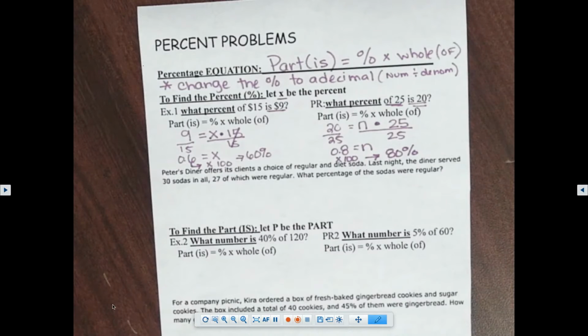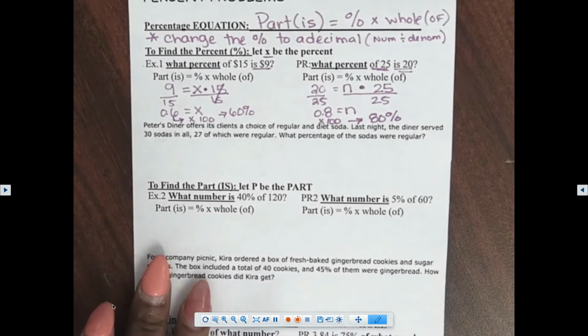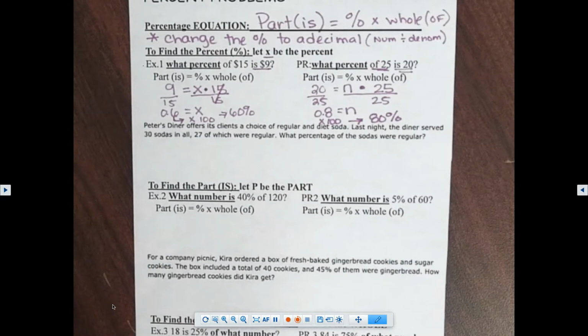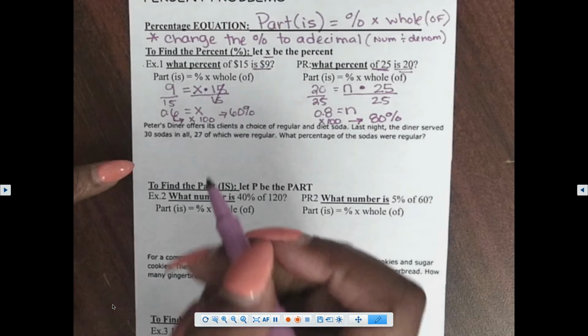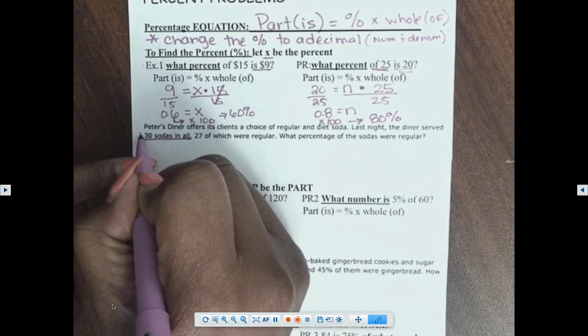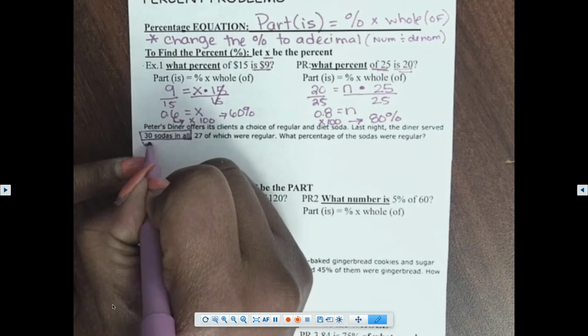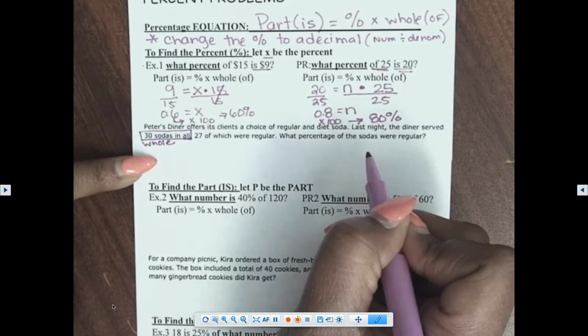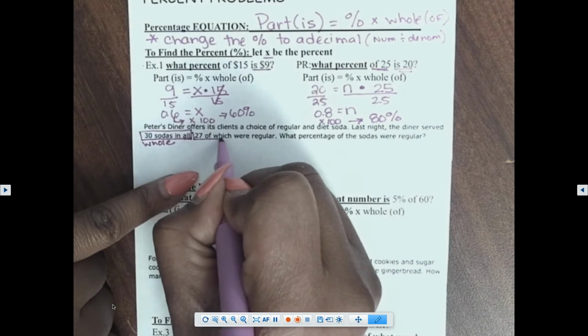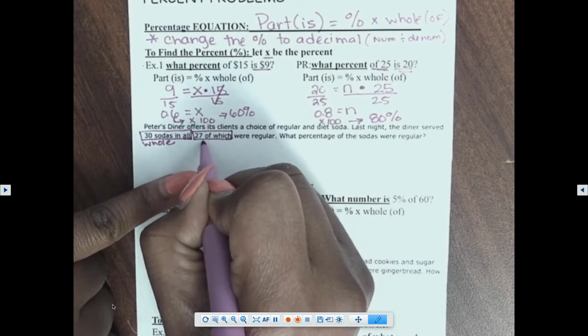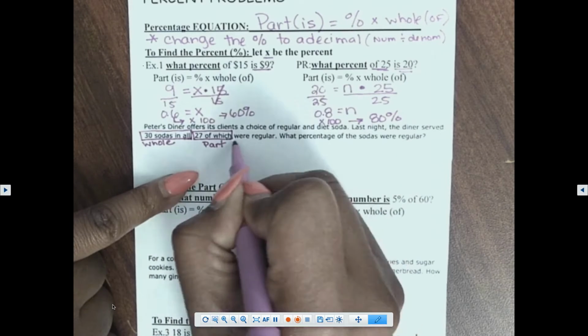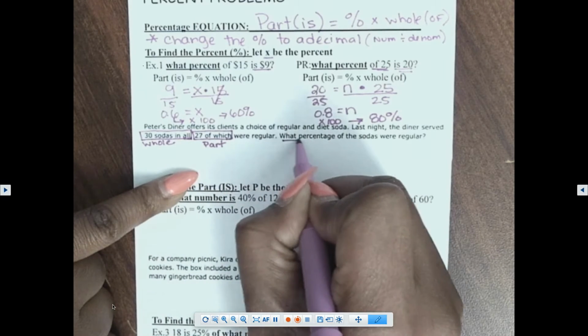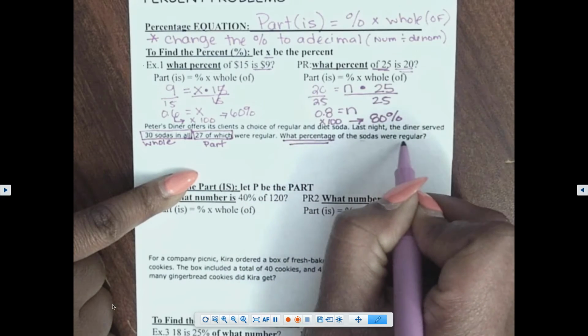Let's look at it from a word problem perspective. Peter's Diner offers its clients a choice of regular and diet soda. Last night, the diner served 30 sodas in all. That lets me know that my whole will be 30. And then 27 of them, which is my part, were regular. What percentage of the sodas were regular?